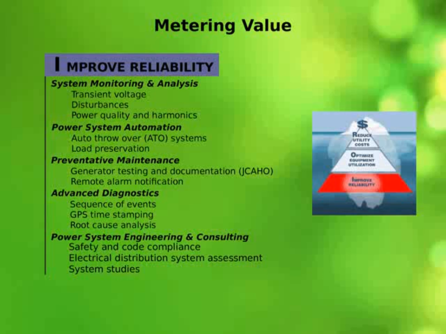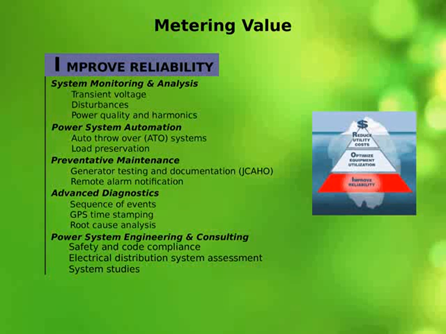Advanced diagnostics, sequence of events recording. This is where you really get into what happened in a disturbance and or something that happened on the power system where without metering and sometimes advanced metering, you just can't see what's going on.